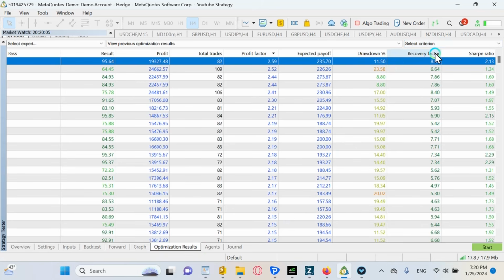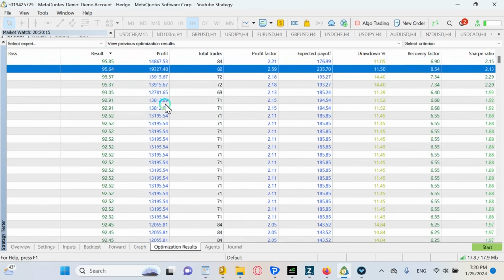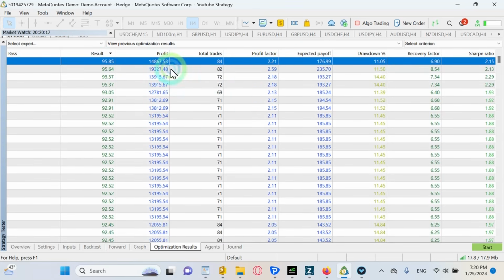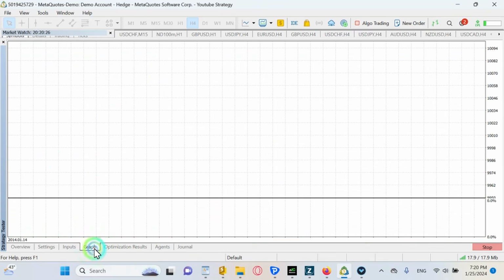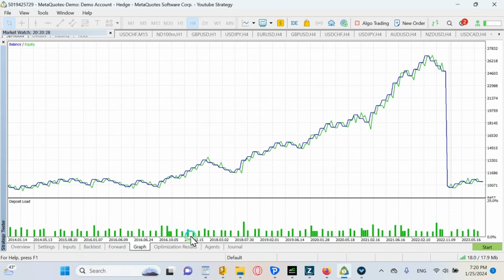And of course, the complex criterion max is good because it combines all of them and creates the most stable results. It is the fittest one of the genetic optimization, the one that has the best balance, and it is actually not bad.